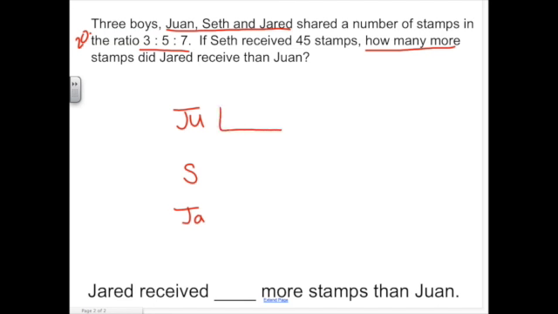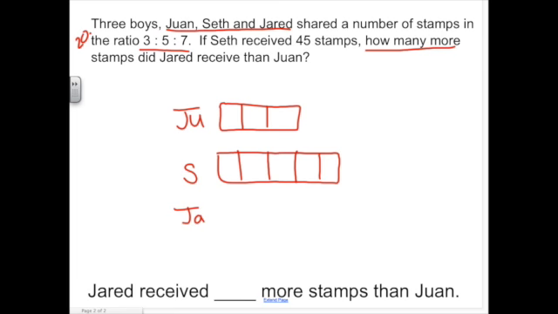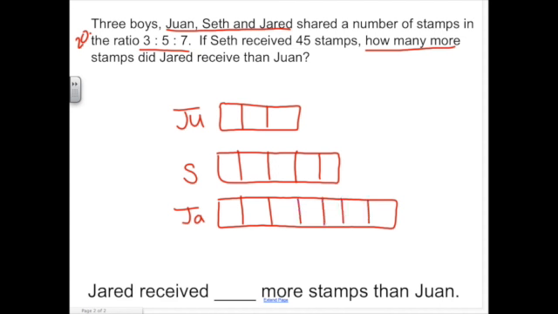So Juan is going to be 3. They tell us that it was 3 to 5 to 7. So now I see I have 3 units to 5 units to 7 units. We also know that Seth received 45 stamps.